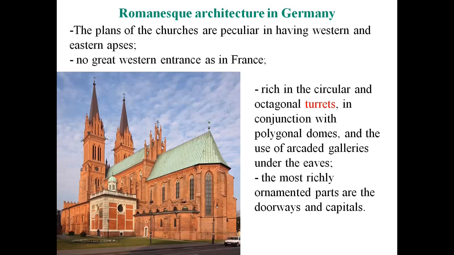Then we can see a great amount of circular and octagonal turrets in conjunction with the polygonal domes and the use of arcaded galleries under eaves. The most richly decorated parts are the doorways and capitals of columns.